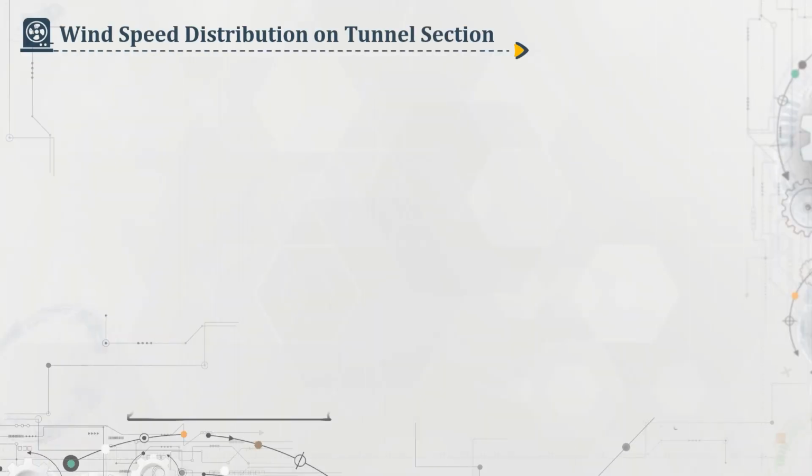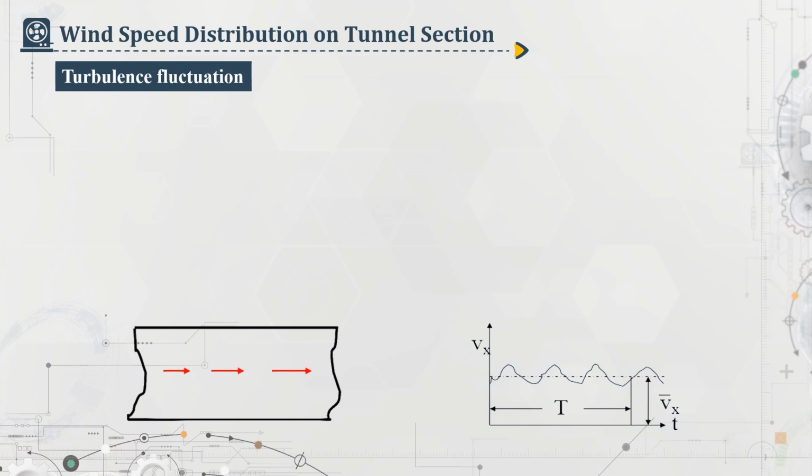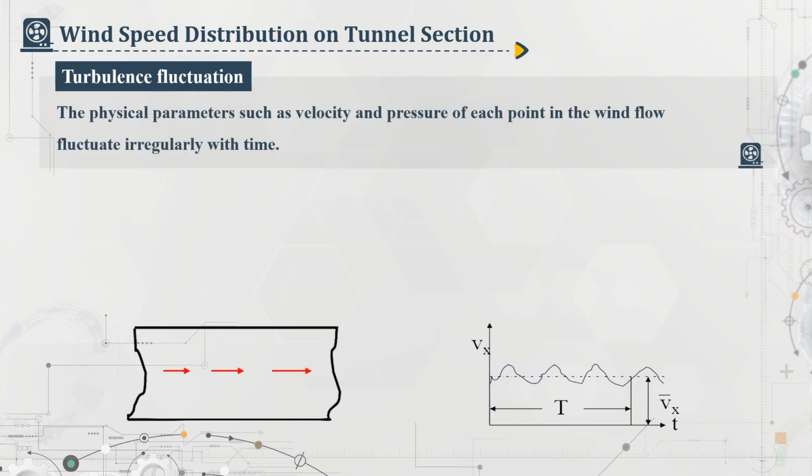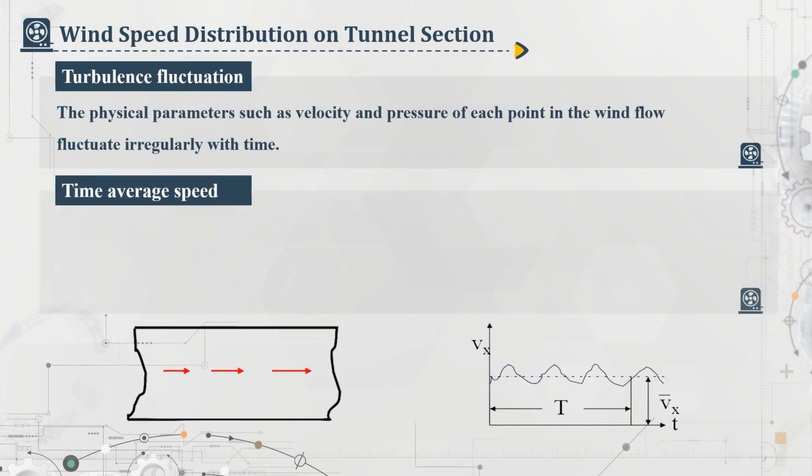The physical parameters such as velocity and the pressure of each point in the wind flow fluctuate irregularly with time, which is called turbulence fluctuation. Time average speed.